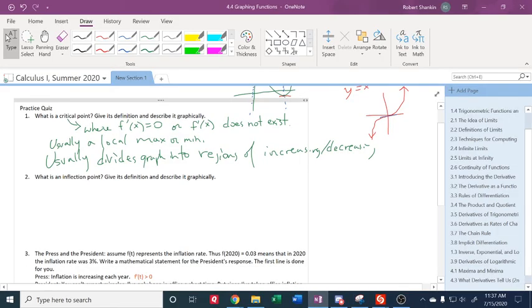All right, now, inflection points. Give its definition, describe it graphically. You got a little bit of orientation with the previous one.